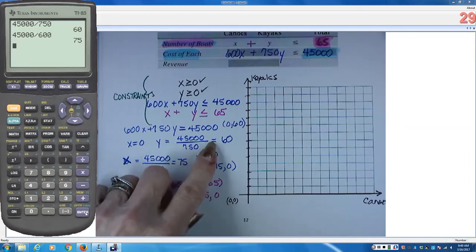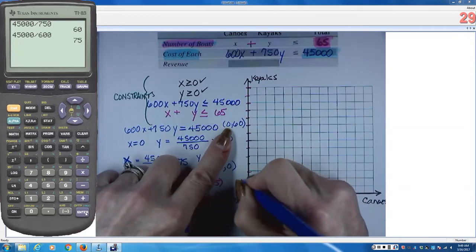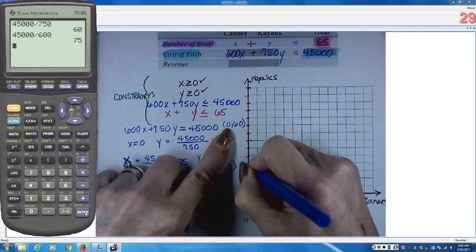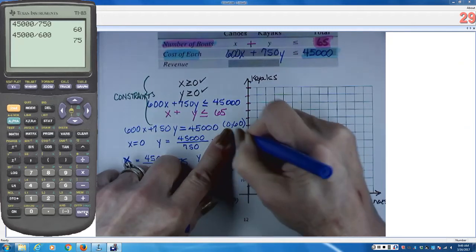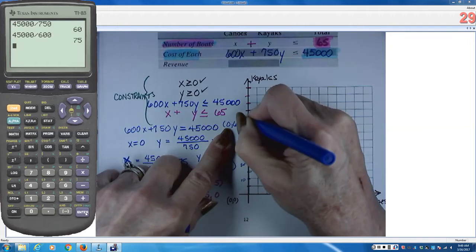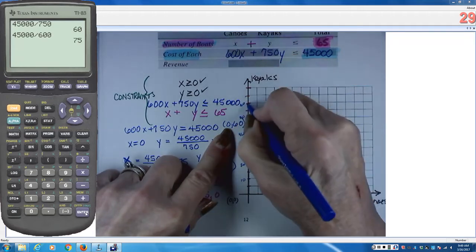So my first point is going to be 0, 60: 10, 20, 30, 40, 50, 60's right there.